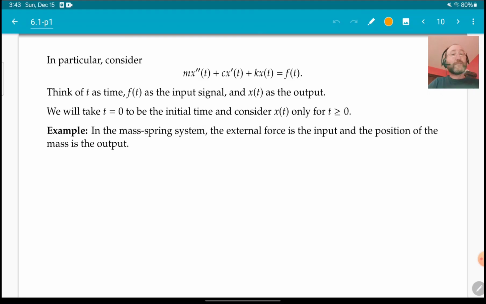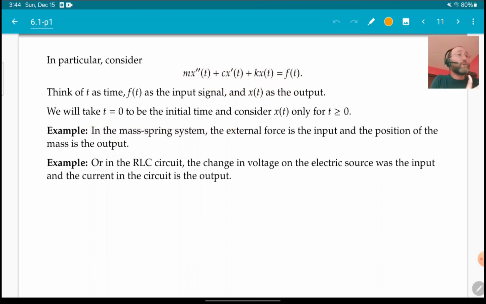All right. In the mass spring setup from the previous section, F was the external force and X is the position of the mass. So the external force is the input to the problem, and X, the position of the mass, is the output. Or take an RLC circuit, another one of these examples.